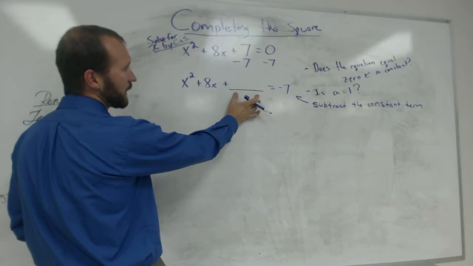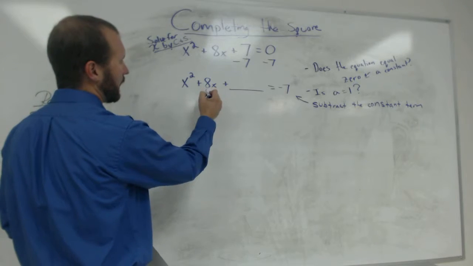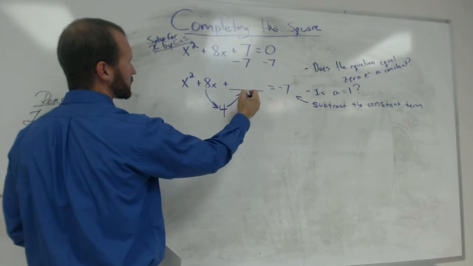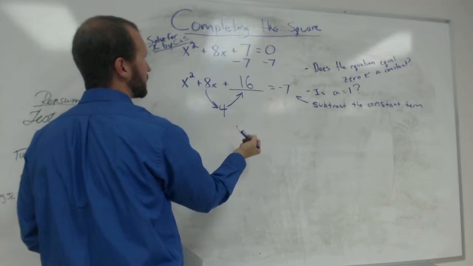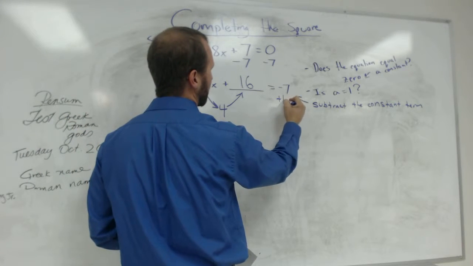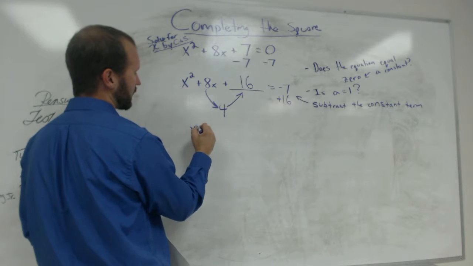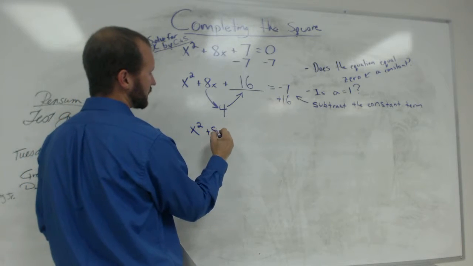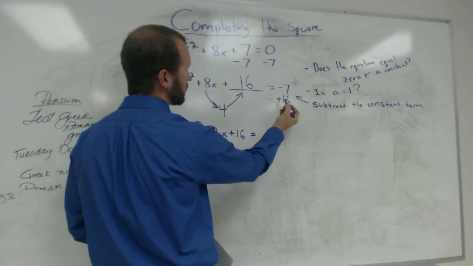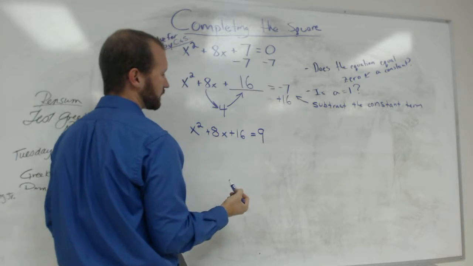But I'm leaving a space. This is what we call completing the square. Half of 8 is 4. 4 squared is 16. If I add 16 to this side, I also have to add it to this side. So I'm just going to rewrite this. I have x squared plus 8x plus 16 equals negative 7 plus 16 is positive 9.